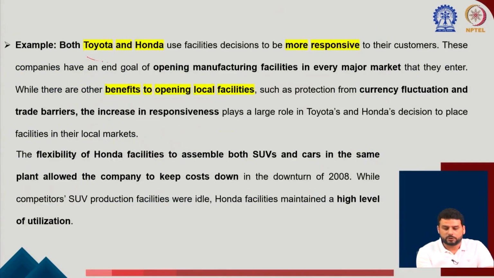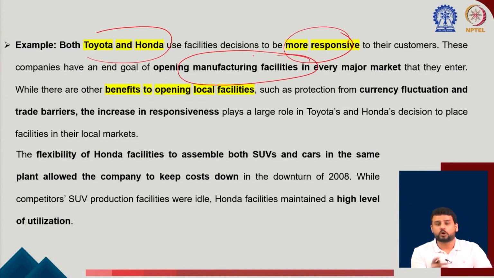If we talk about Toyota and Honda, they are more responsive. How are they more responsive? Because they are opening local manufacturing facilities near the markets, many facilities near the markets. Now what benefits are they getting after opening the local facilities? One is currency fluctuation.